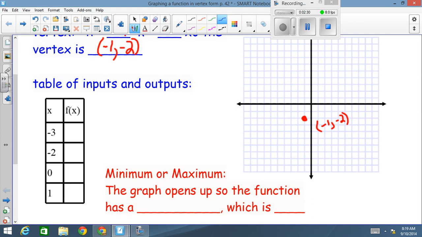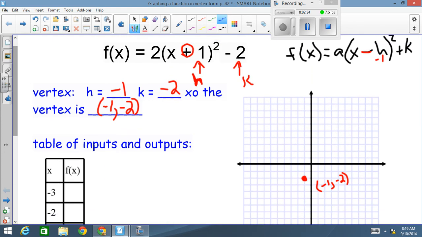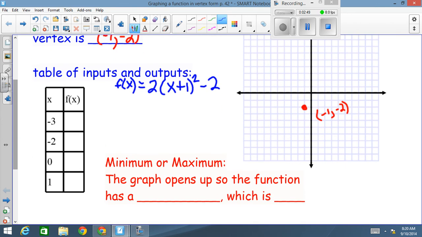It wouldn't make sense for me to go ahead and find that point again. So with these x values, I'm going to plug them right into my original. My original is f of x equals 2 times x plus 1 squared minus 2. So let's go ahead and plug these in. Remember your order of operations. I'll do one of these, and then you can do the rest. I'm going to take my -3 and put it there. Order of operations says I do parentheses first.